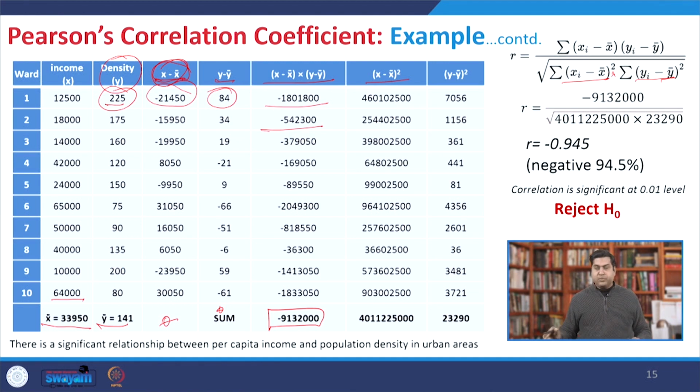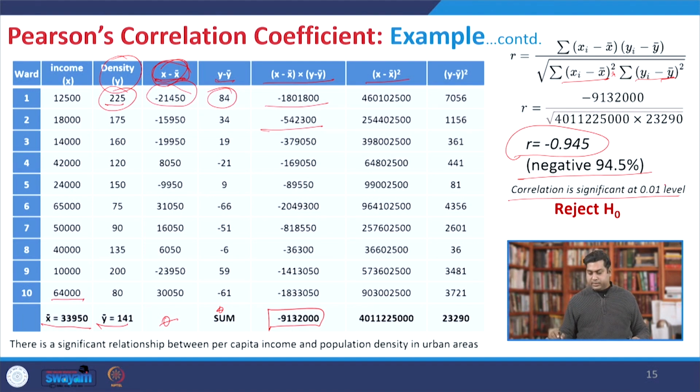So, with that calculation, definitely step by step I have shown here, you can cross check, you can take any other value. After calculating it, the R value is minus 0.945, and it represents a negative 94.5% correlation, and this correlation is significant at the 0.01 level.